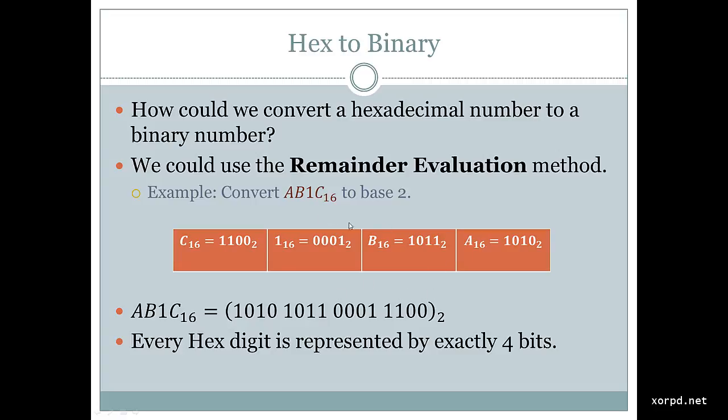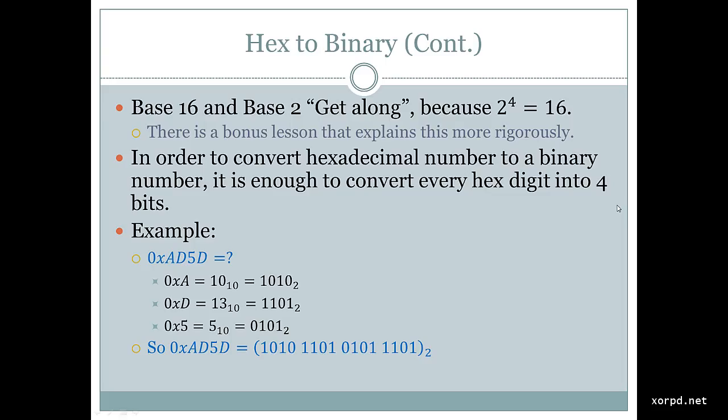It seems like we can just replace every hex digit with 4 bits from the previous table. So we can actually say that base 16 and base 2 get along. And the reason for that is that 2 to the 4 is 16.